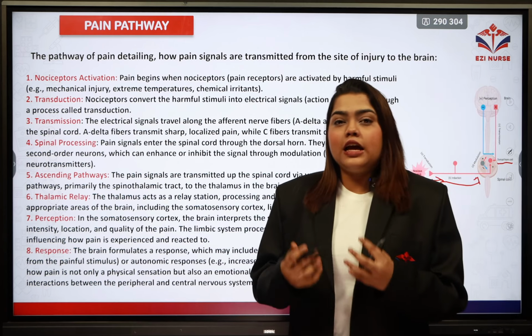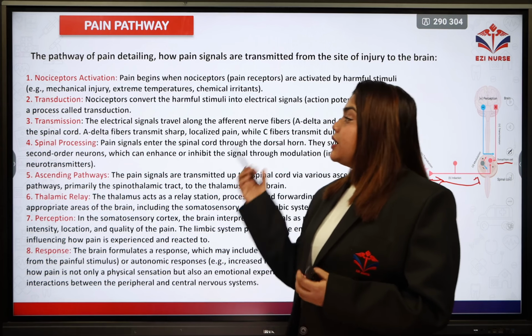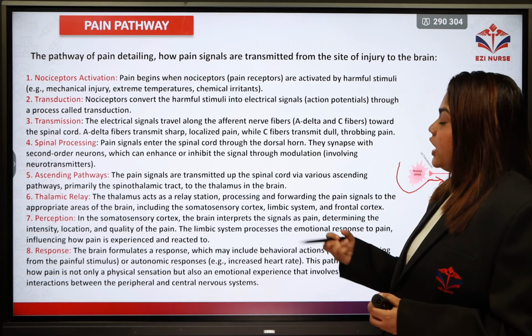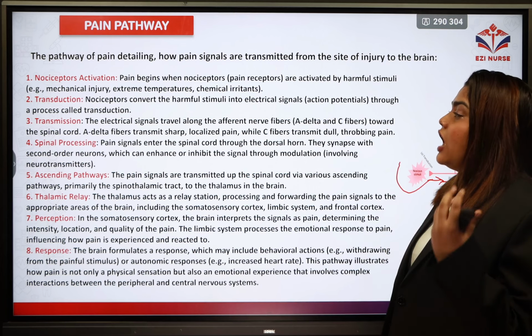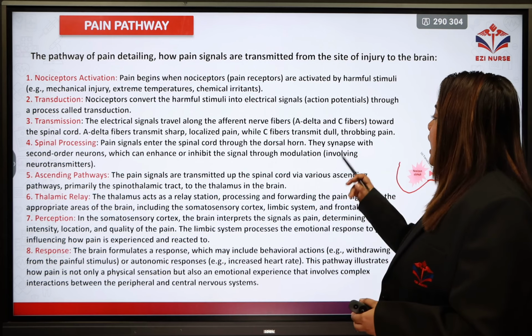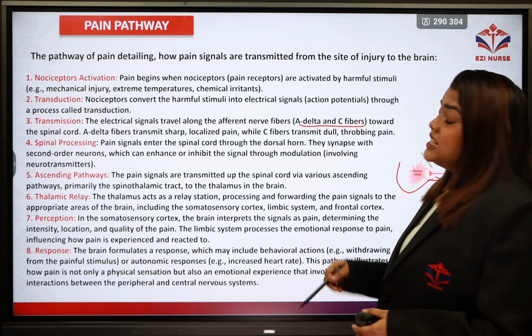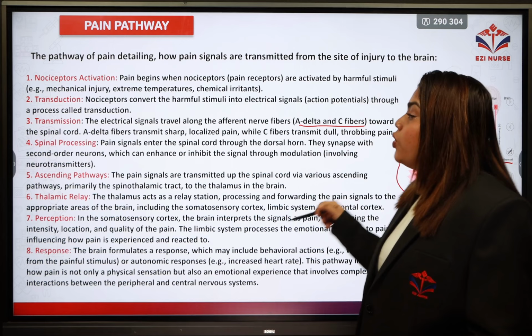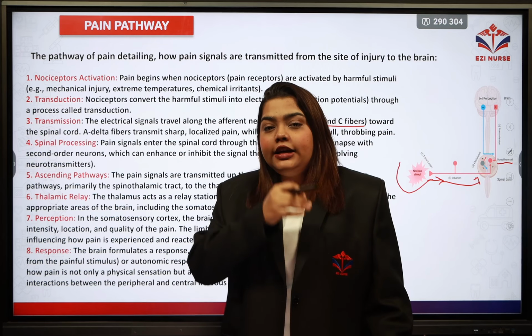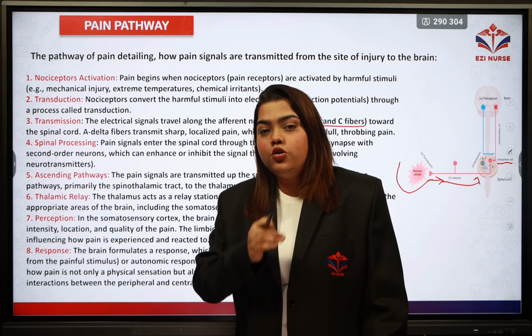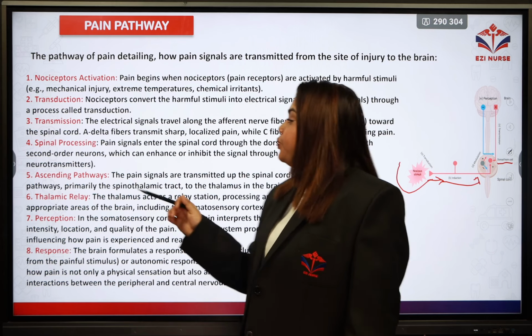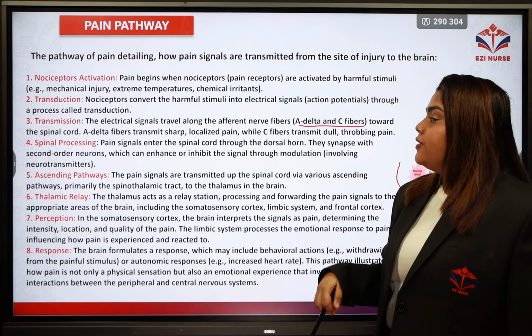These electrical signals made by the nociceptors through transduction travel along the A delta and C fibers towards the spinal cord.